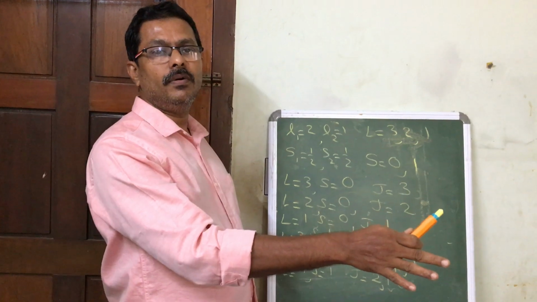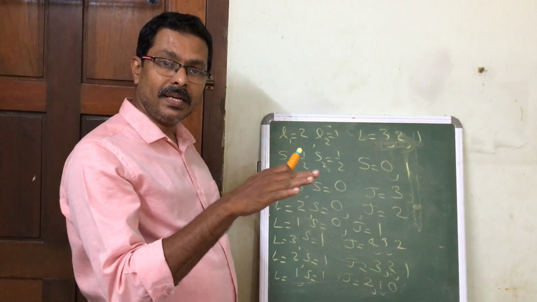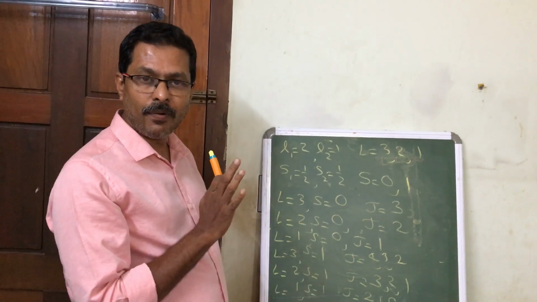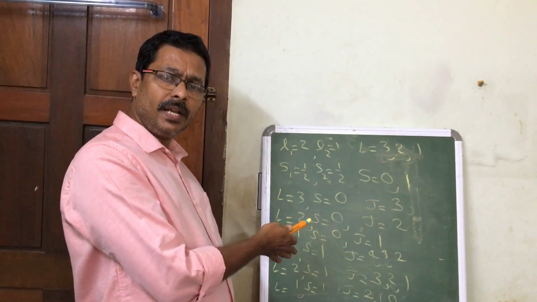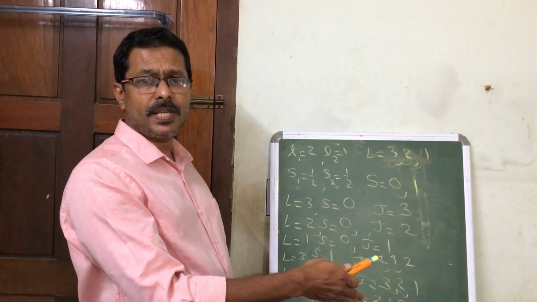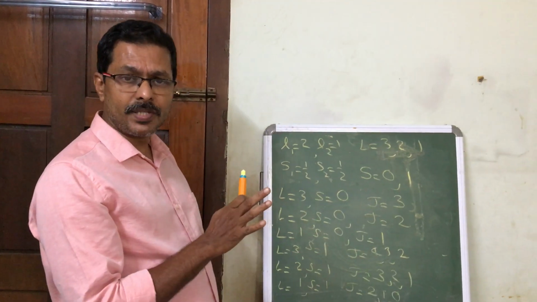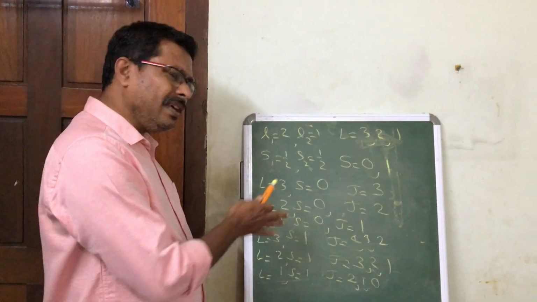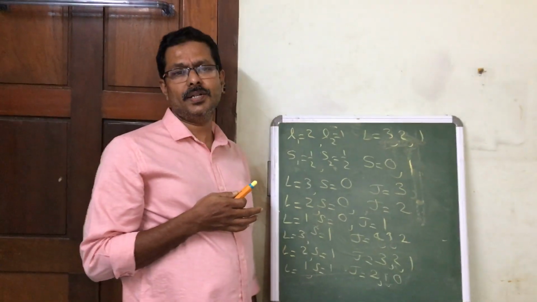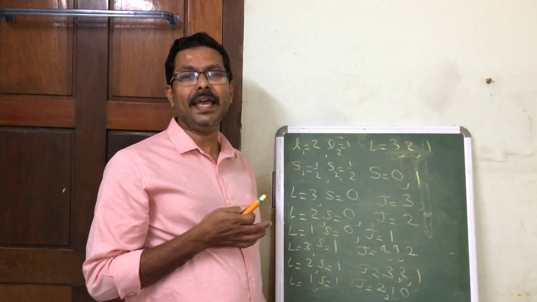The possible values of resultant L are from L1 plus L2 to the magnitude of L1 minus L2, and the possible values of resultant S are S1 plus S2 to the magnitude of S1 minus S2. It is normally found that this type of coupling occurs in lighter elements.